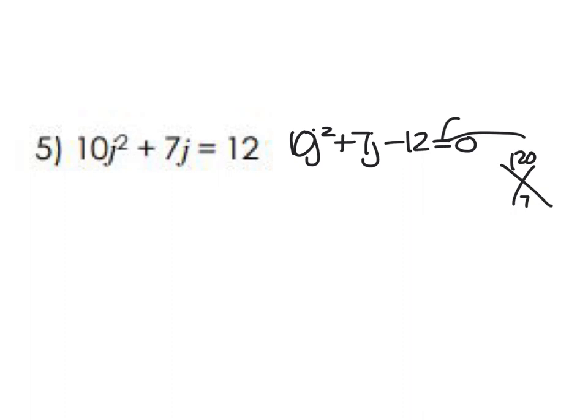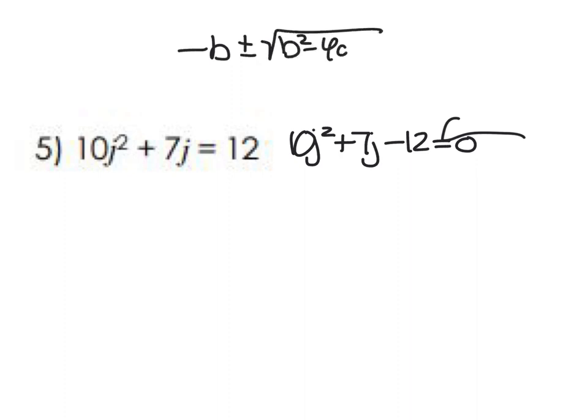If there's not any, I can't do it that way. And it has a b, so I can't do the square root method. That means I've got to do the quadratic formula: opposite of b, plus or minus the square root of b squared minus 4ac, over 2 times a. Know your song.